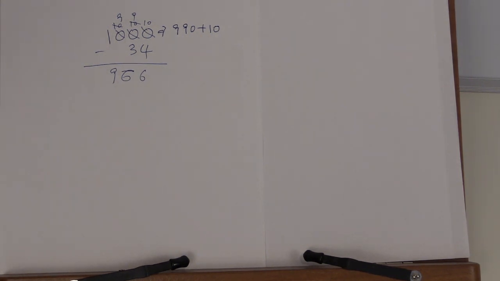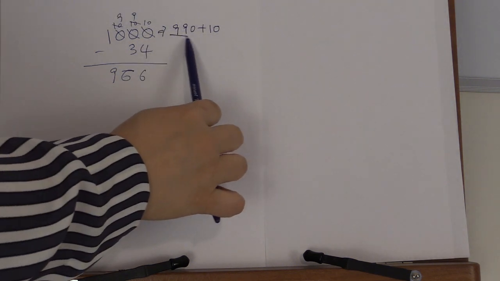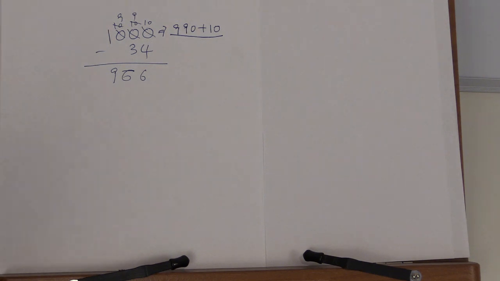Do you see here? This is 990 and this is 10. So that's what we are regrouping in here. 990 plus 10. This is actually what we are doing in all the carrying and borrowing stuff.